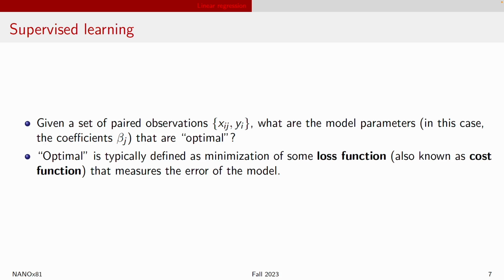A loss function, sometimes you also hear the term cost function, they mean the same thing. That loss function is a quantitative description of how good the model is, or what the error of the model is. So what you're trying to do is come up with some way of figuring out the set of beta that would minimize the error of the model.